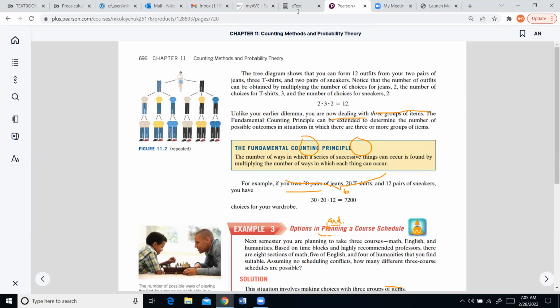And please notice that problems get more and more involved with bigger size of selections. And here, for example, when someone has 30 jeans and 20 t-shirts and also 12 pairs of sneakers, you're definitely not going to make that diagram for all 30 pairs of jeans, because that's going to be a lot of jeans to list.